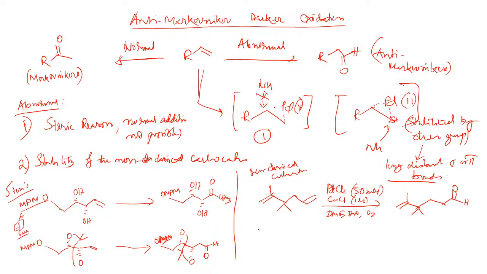So what happens here, these two methyls are good for the Thorpe-Ingold effect, so that cyclization will be good. Now the first coordination will happen. Now this carbocation, if it is generated, will be stabilized by this pi bond.